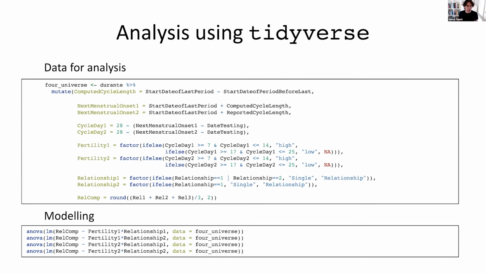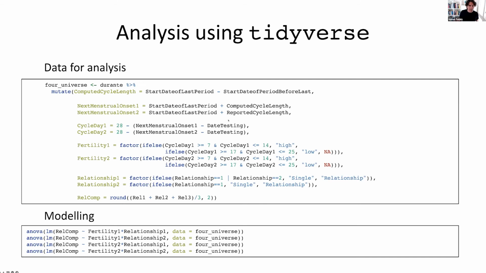So for example, in a tidyverse analysis, we would prepare the data for analysis here. We could do, for example, a mutate statement here to define all these variables. So the computed cycle length over here, the two versions of next menstrual onset, according to whether or not it's a computed cycle length or reported cycle length.